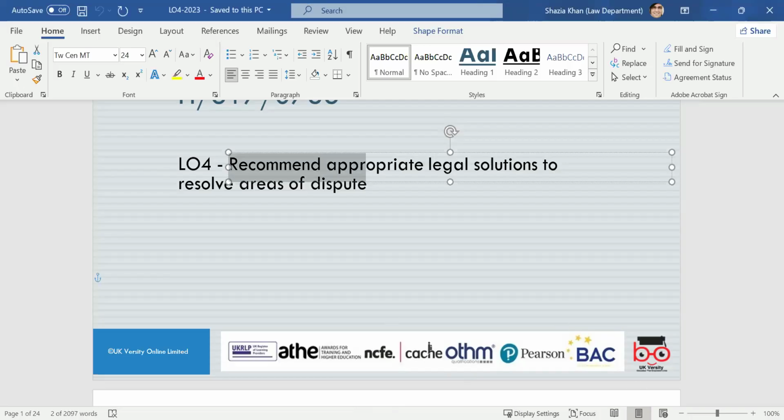So we're looking at learning outcome 4 today, which is looking at recommended appropriate legal solutions to resolve areas of dispute.